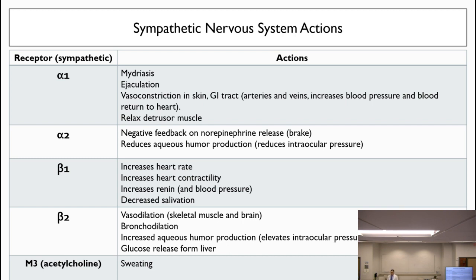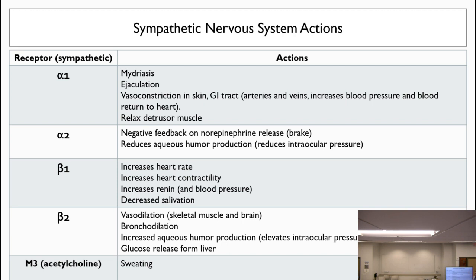Now here we have the actions that we get after we stimulate those receptors. You remember the actions of the sympathetic, fight or flight. Now what we have to do is try to separate things depending on the location of the receptors.